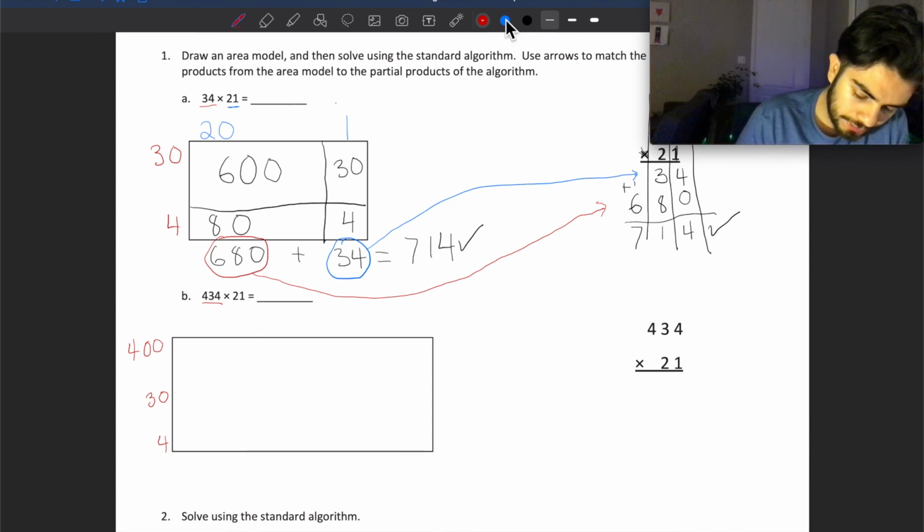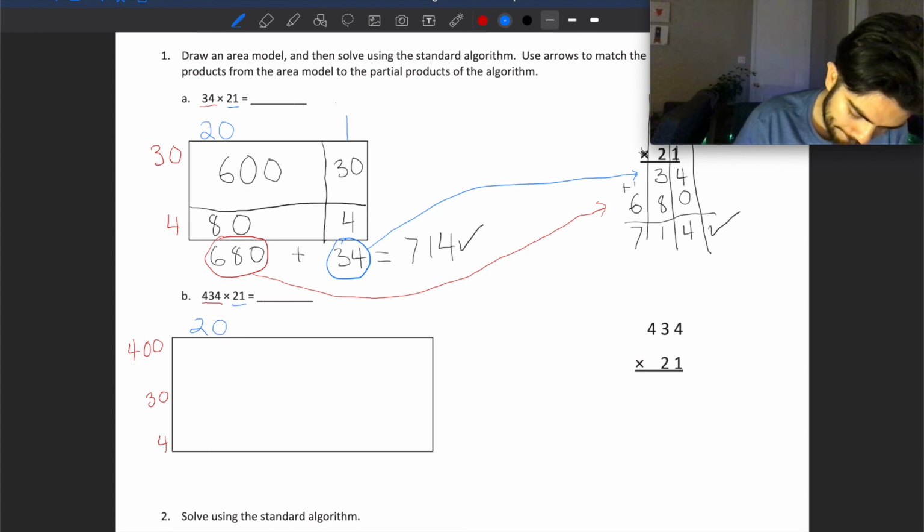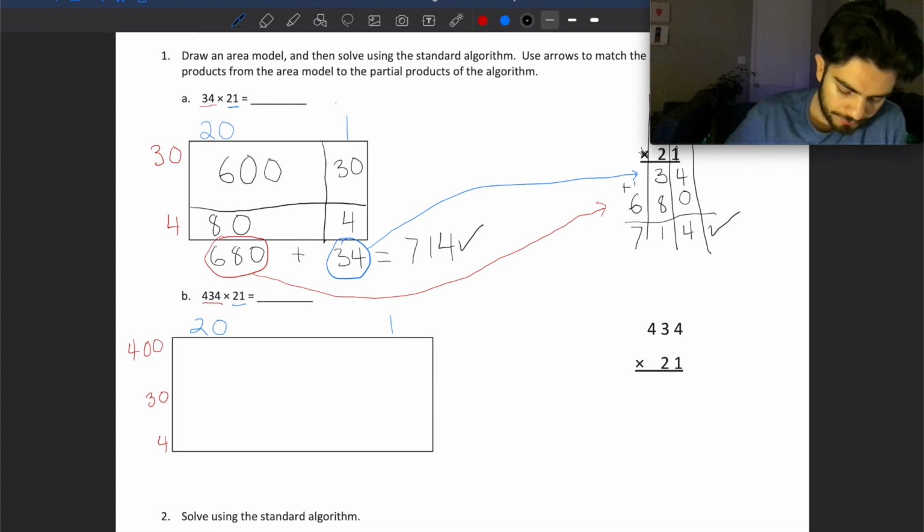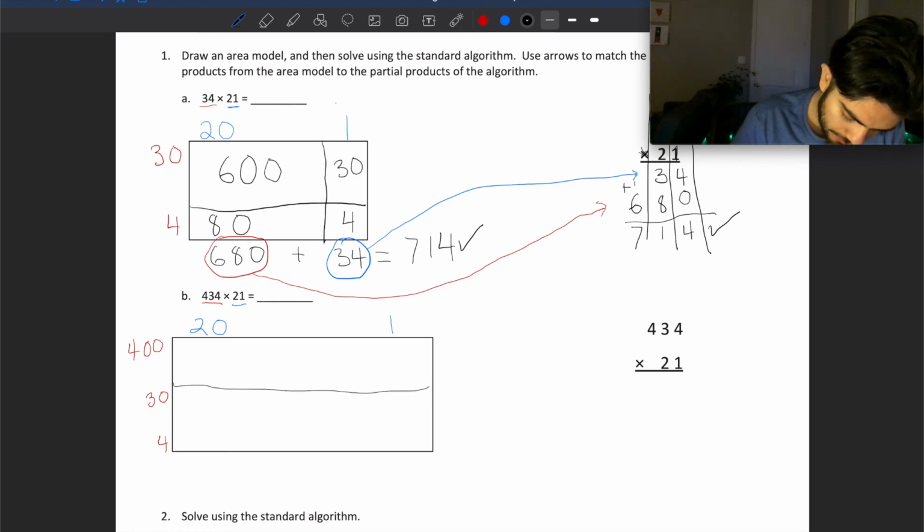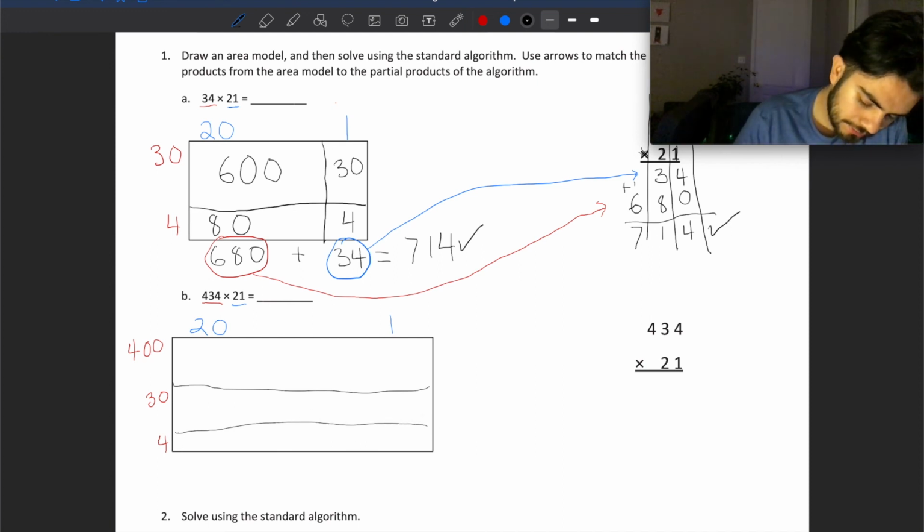And then over here, I'm going to have the same that I did in the previous one. So 20 and a 1. Now, the last step is going to be to split them into their categories, like that. Now, these aren't exact, but you get the idea.